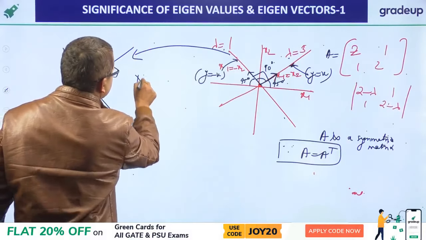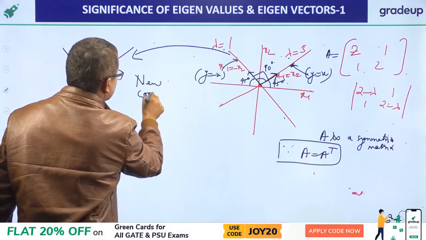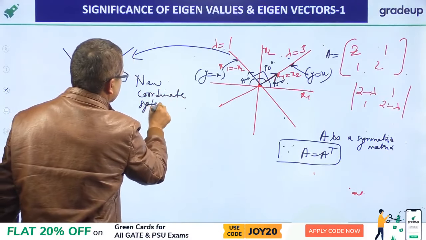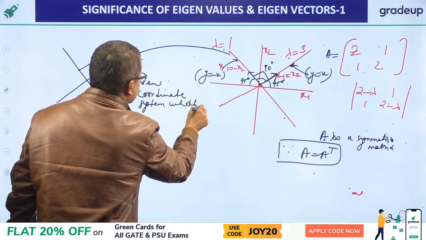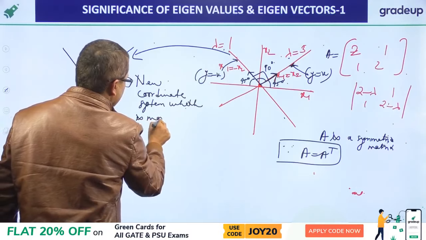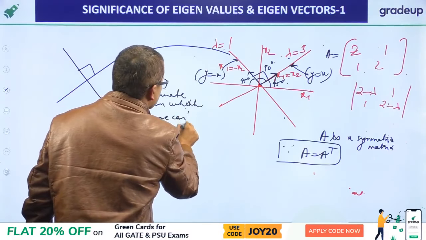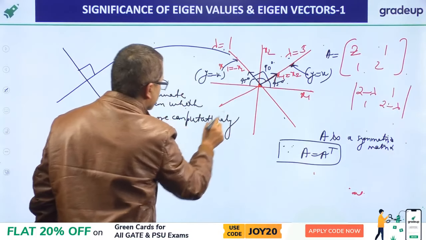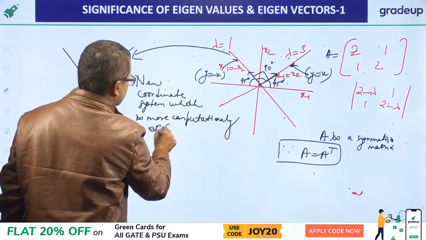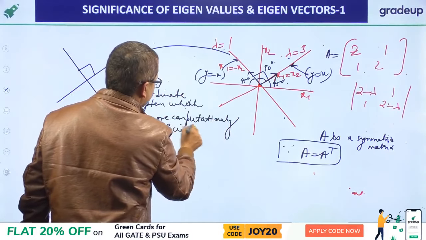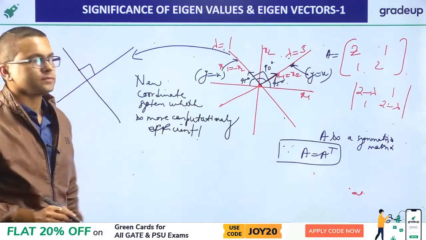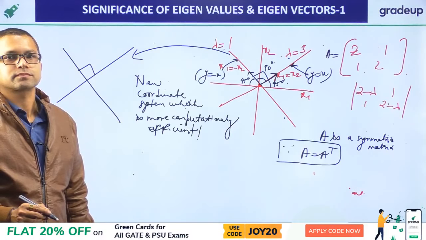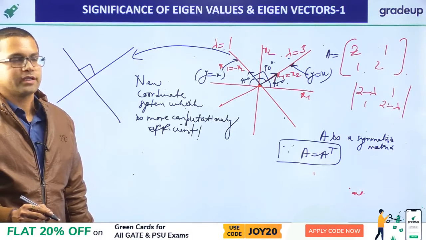Now what we have is a new coordinate system which is computationally more efficient.